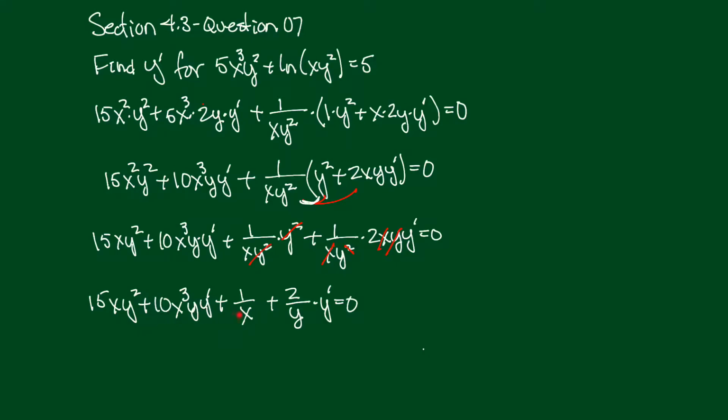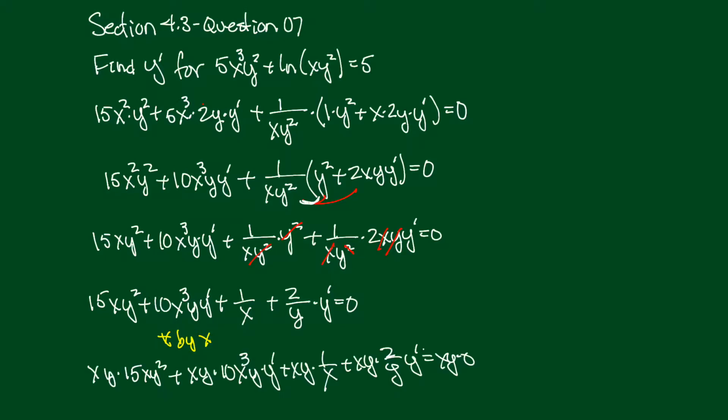Now, I've got an equation involving fractions. I'm going to get the LCD, which is x times y, and multiply it all the way through by xy. So I'm going to multiply every single term by xy. All the denominators should cancel.